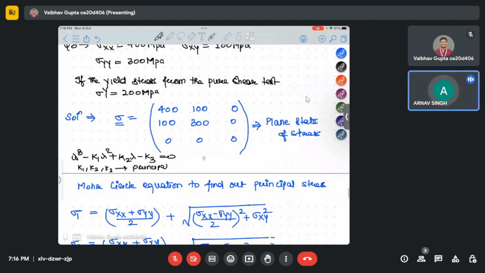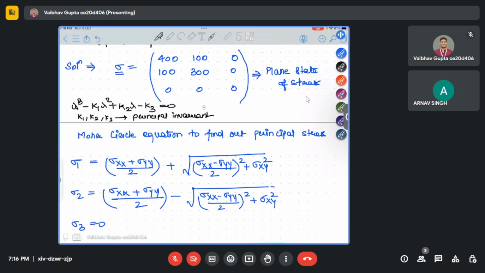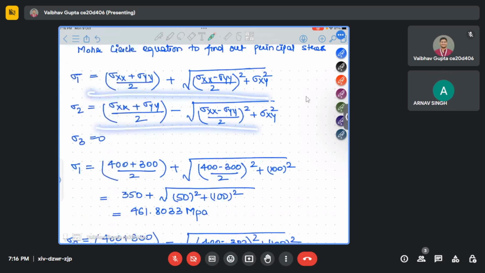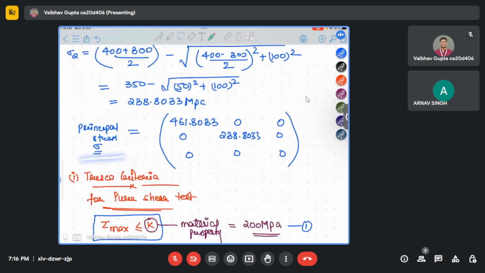So either you can use this or the Mohr circle equation. In this problem, I have used Mohr circle equations. Then you can find all the values and form a principal stress matrix. After finding this matrix, you are eligible to use the failure theories.